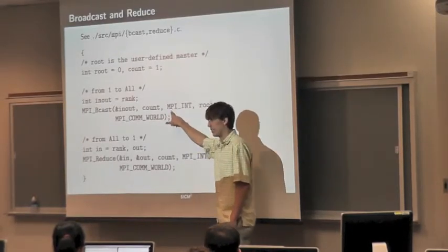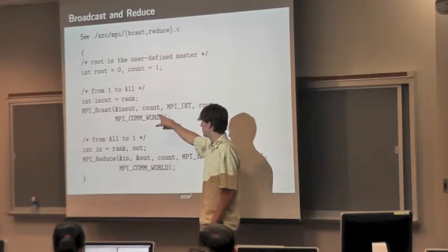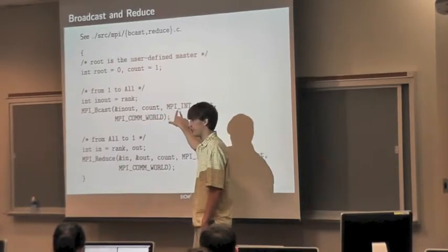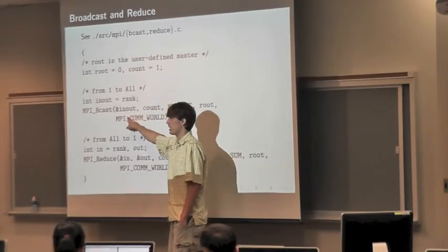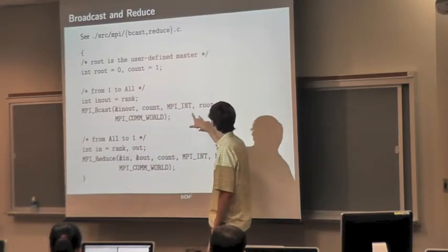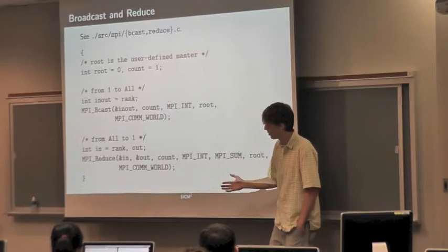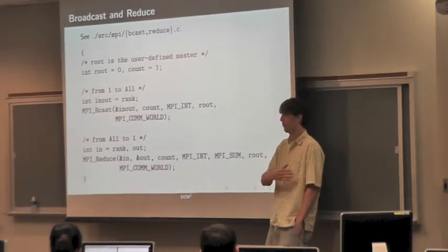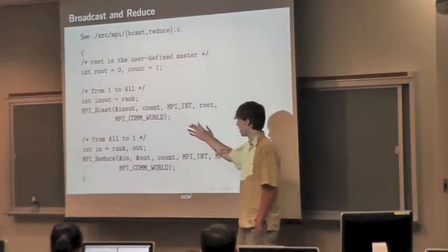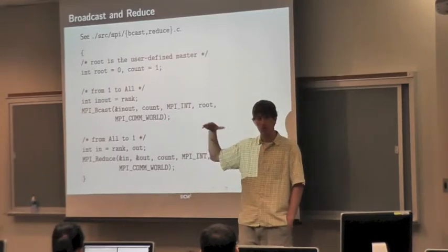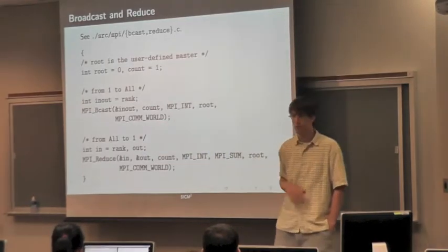MPI int is the type. So this says I'm going to pass count C integers in this buffer. Root is the process actually doing the broadcast. Anyone can be root. You can broadcast from 0, or you can broadcast from n/2. And then COMM_WORLD says this collective will happen on the COMM_WORLD channel.